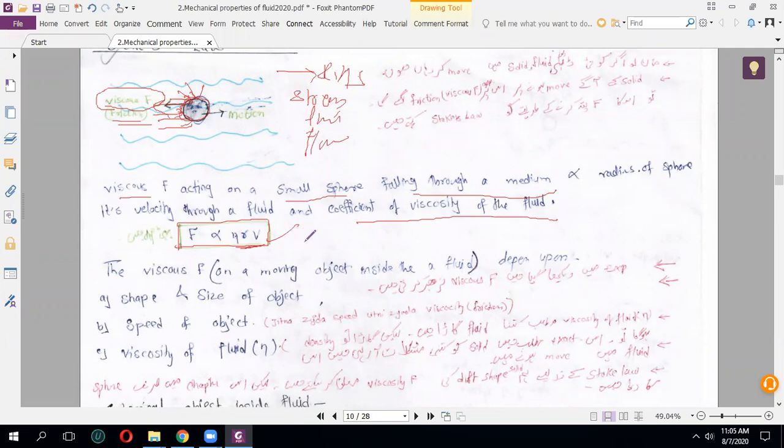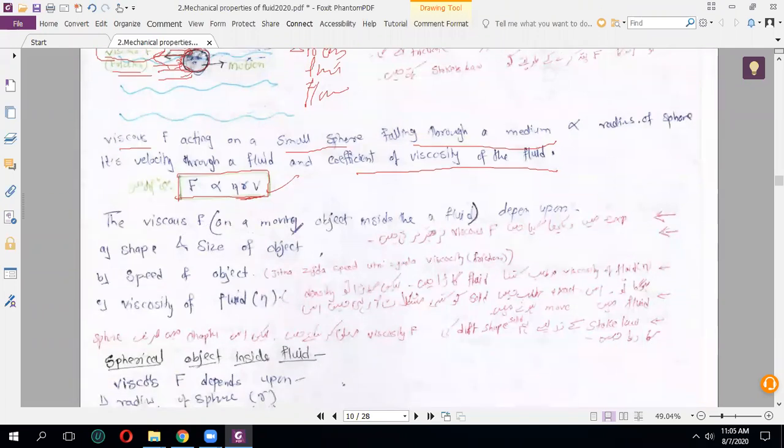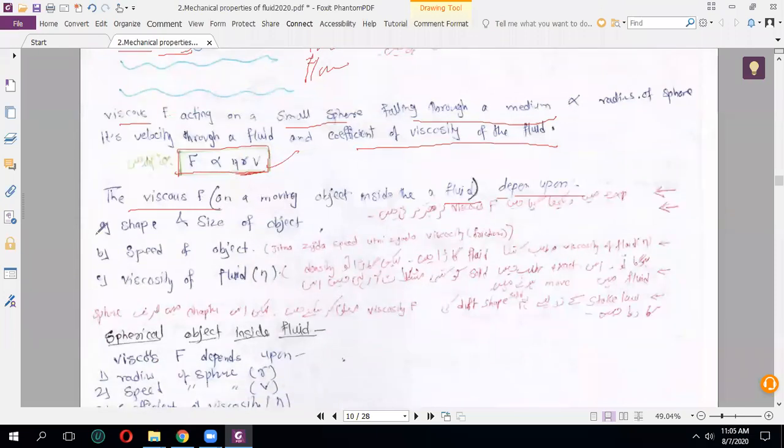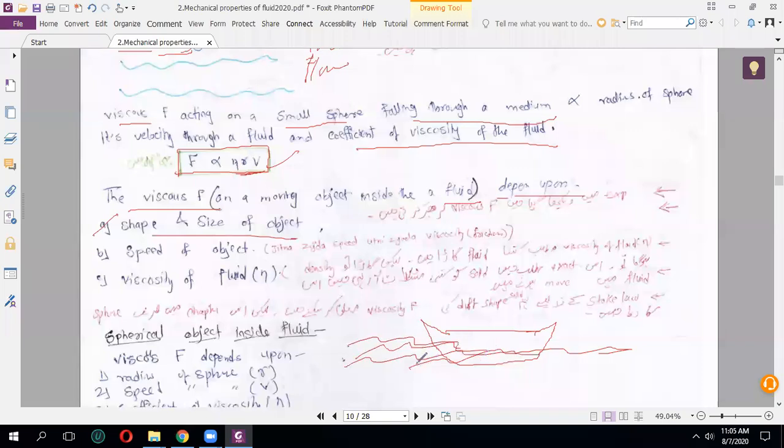Okay, students. Now, viscous force of a fluid depends upon what? Viscous force पे किस पे depend रहता है? So they are saying the shape and size of the object. If the size of the object is very big, suppose this is a board, and this board is moving opposite to the direction of flow of the river.